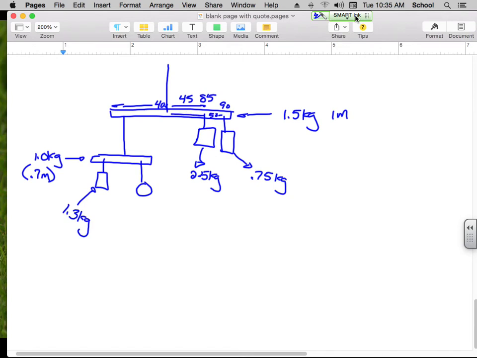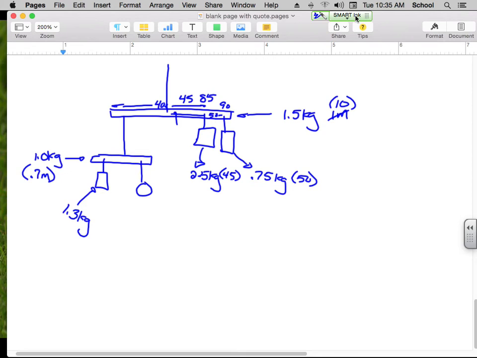So this one's gonna go with 50, and this one's gonna go with 45 for torque. And the weight of this stick, if the whole thing is 1 meter, then the midpoint would be at 50, which means that distance would be really 10 as far as torques go.